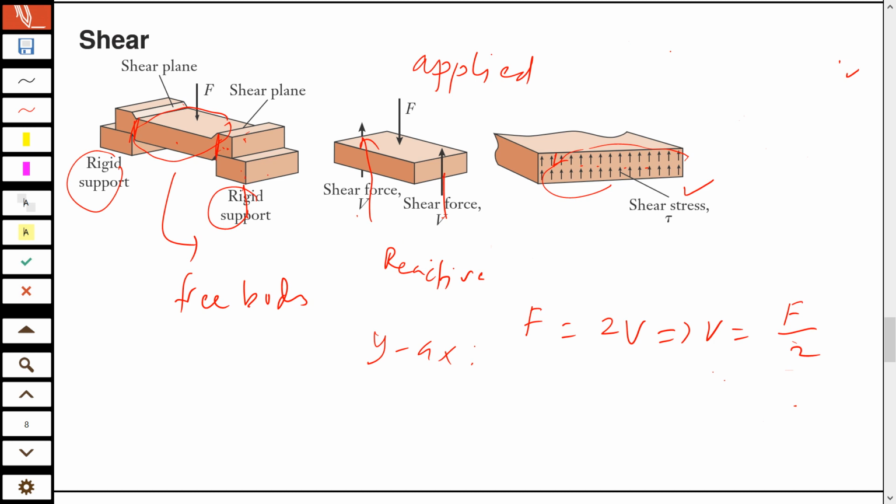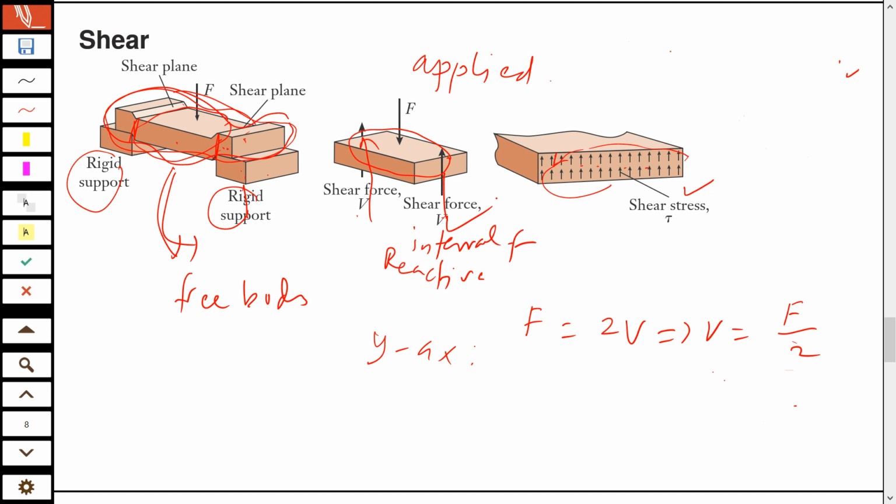Now this reactive force is basically an internal force, as I mentioned before. I was calling it external when I had this as my free body, but since the whole body is this, I had separated it only for the concept. So if this is your system, then that is an internal force.